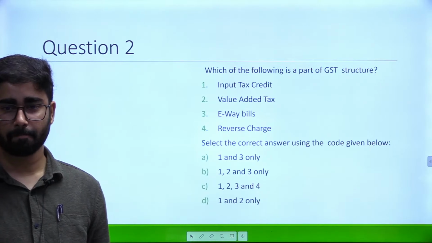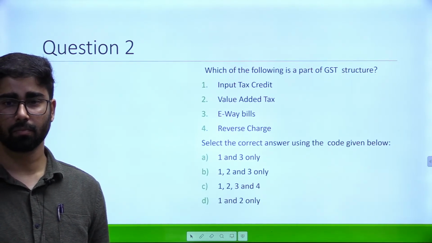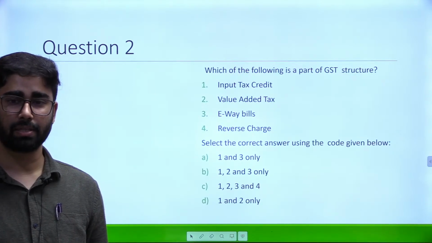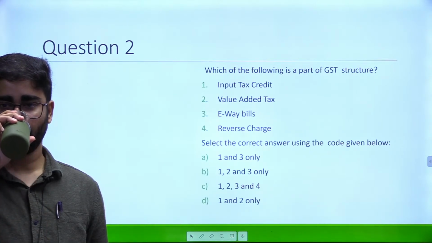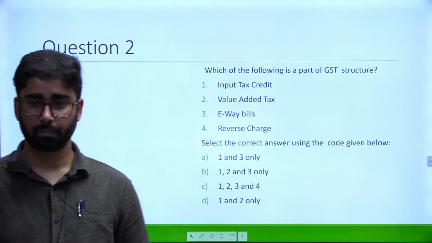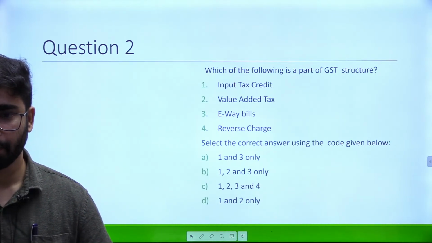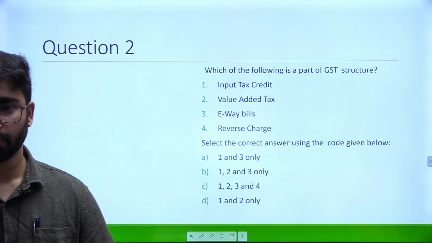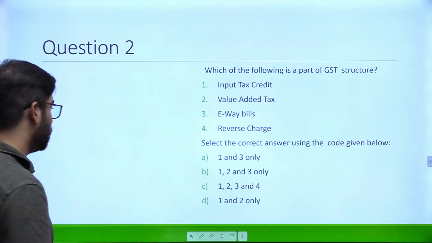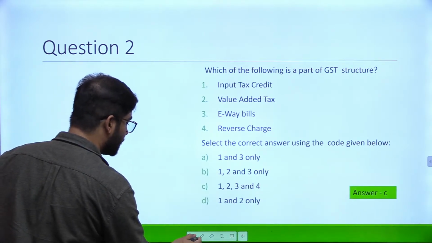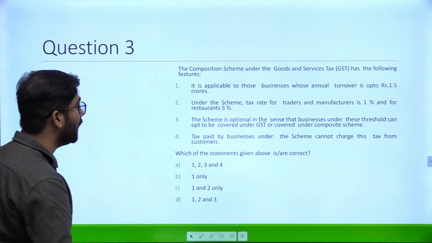Ritu is saying C, Kanu is saying C, Rohit is saying C, Bittu is saying C. Good. What about others? Silva Kumar is saying C. Good. Rushi is saying C. Shreyans is saying C. Good. The answer is C only. Again, write down your marks, and in the end we will be discussing that also.